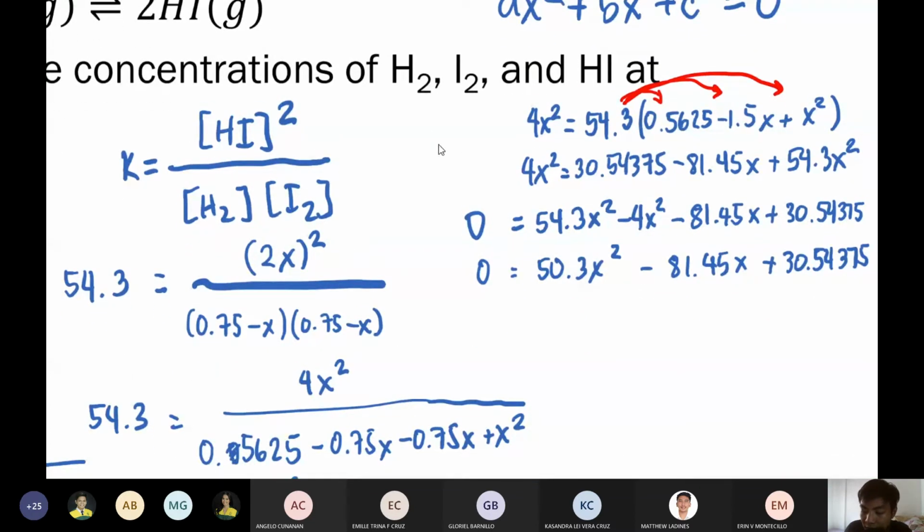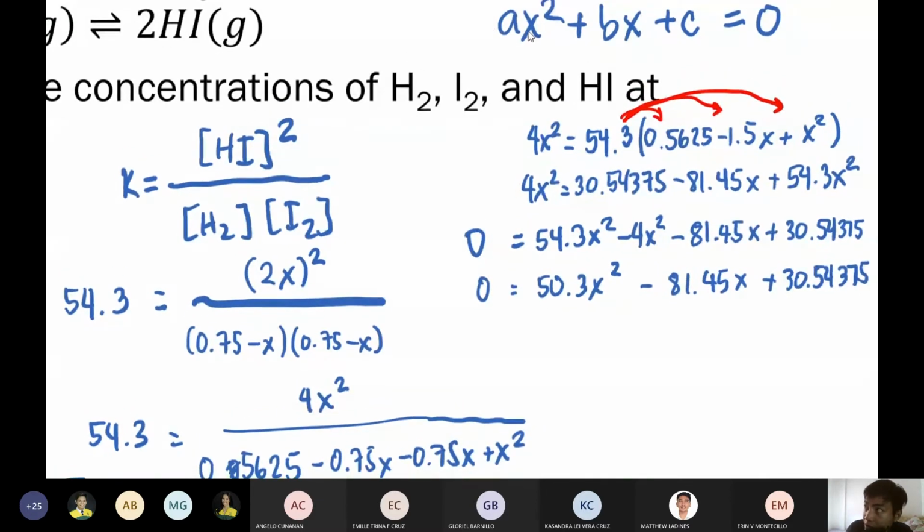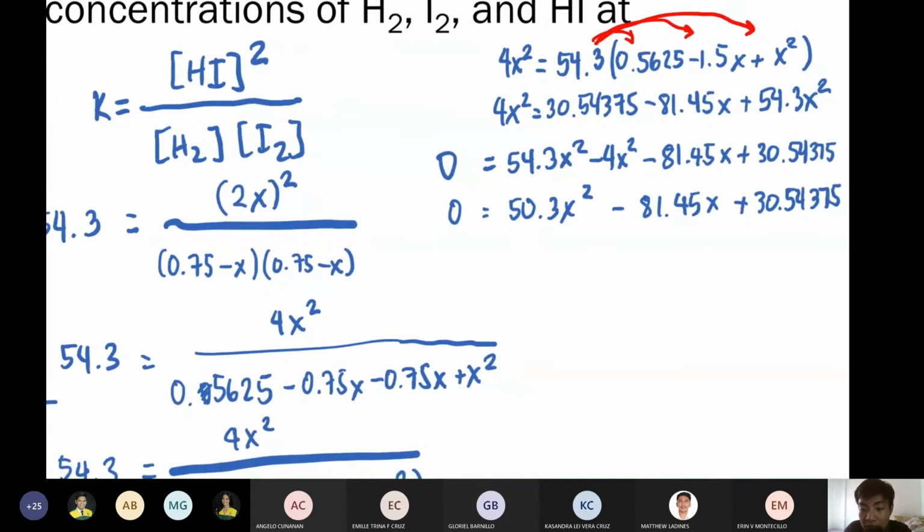Okay. Ayan na. Ito na yung format ng equation natin. We already patterned it dito sa format. Ax square, 50.3x square, plus bx, negative 81.45x, plus c, 30.54375. Okay. So after nyan, alamin mo yung values ng a, b, and c.